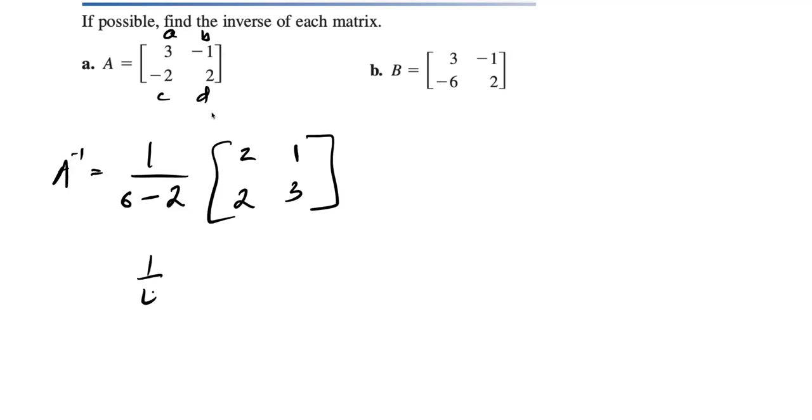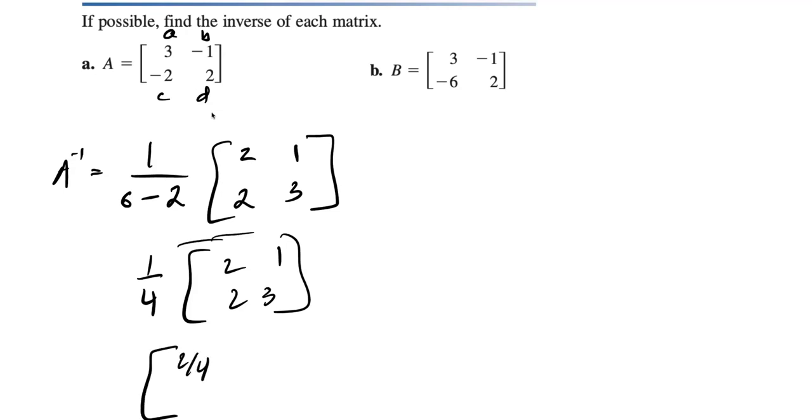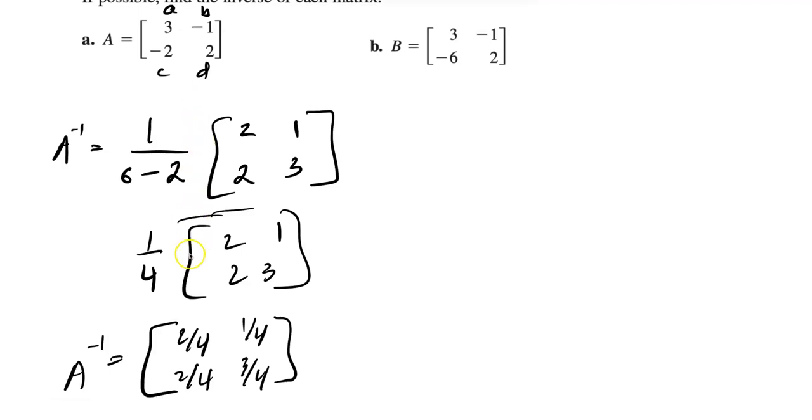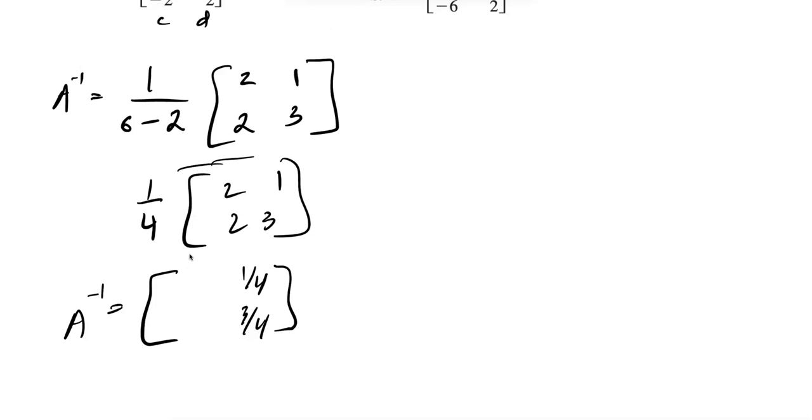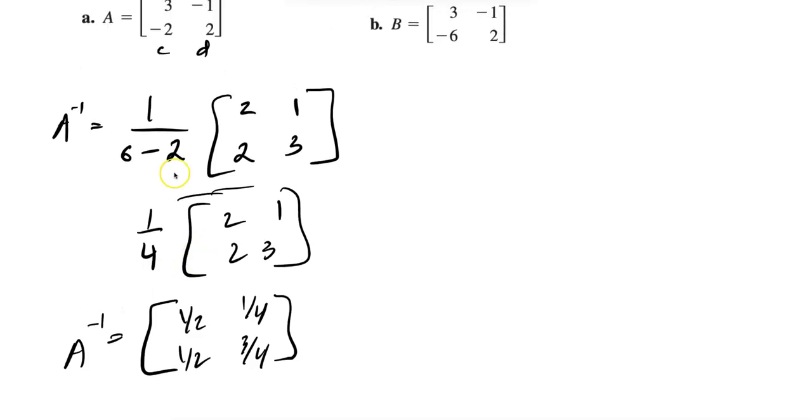So we get 1 over 4 times 2, 1, 2, 3, and then we distribute all the way out. So 2/4, 1/4, 2/4, 3/4. And that's my inverse. I mean, I could reduce 2/4 and 2/4 to 1/2. So let's just do that real quick. Make me feel better about myself. And there we go. That's the inverse of A.